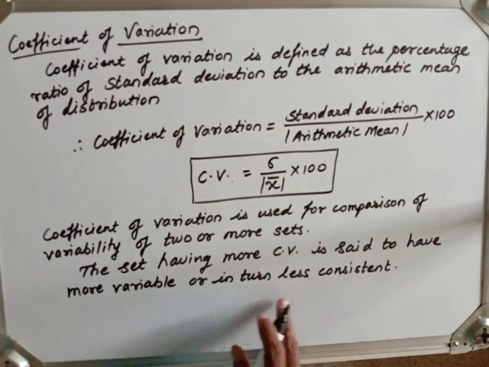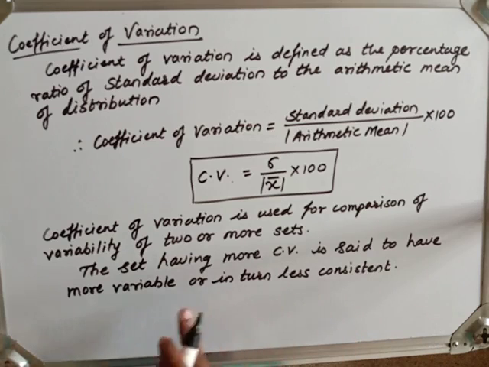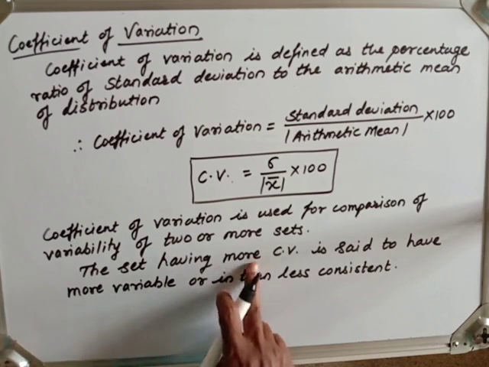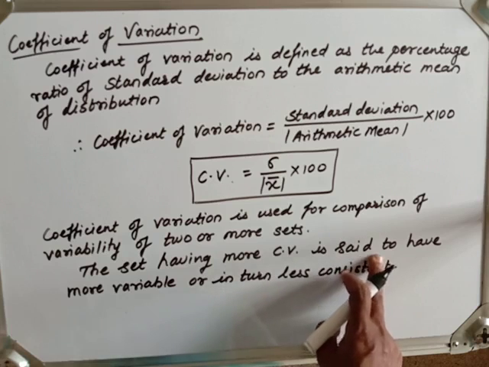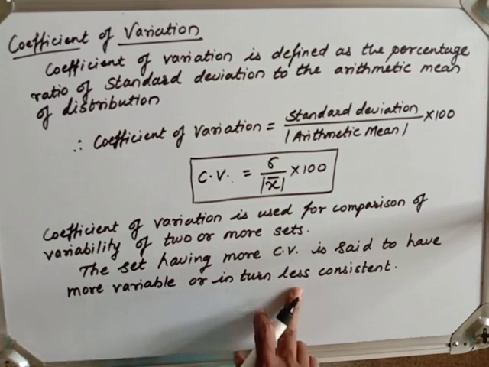And if the set has less CV, then obviously it is less variable and more consistent.